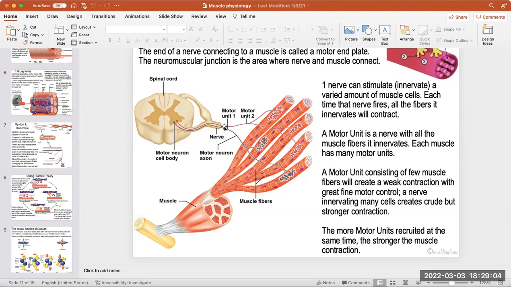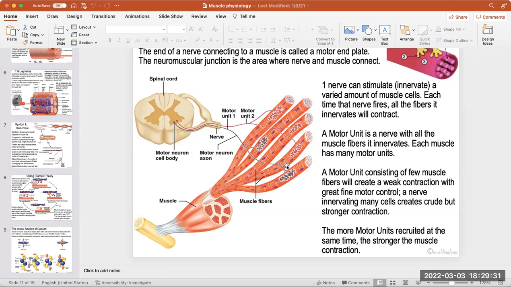And then when one nerve fires, all of those contract at the same time. Got it. When another one fires, those contract. If you want a lot of muscle contraction, really strong, like you kicking a soccer ball on the quad, you want all of them contracting. Make sense?